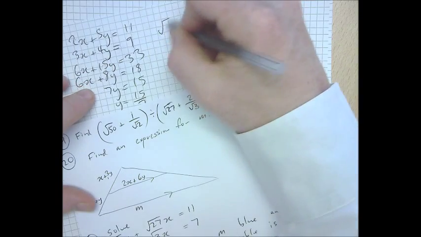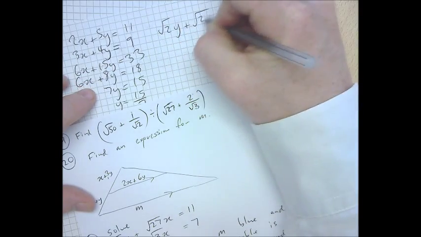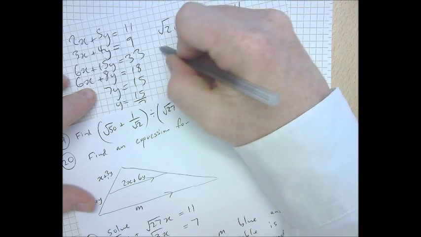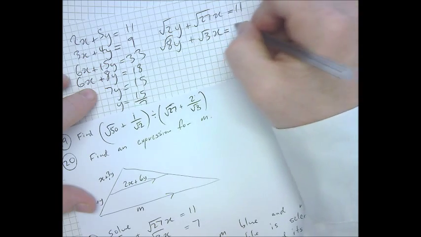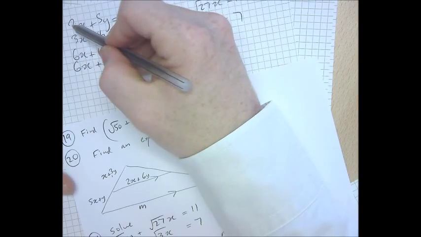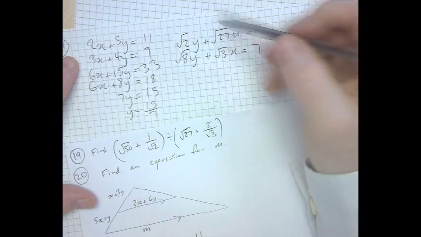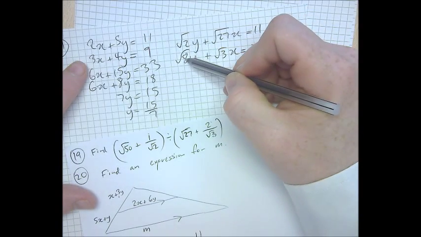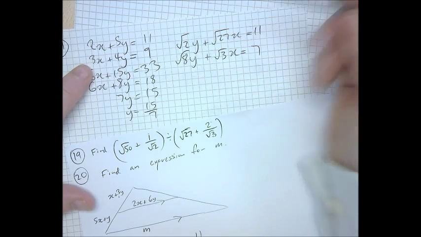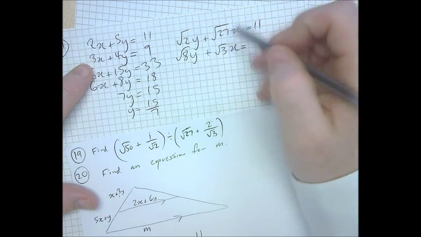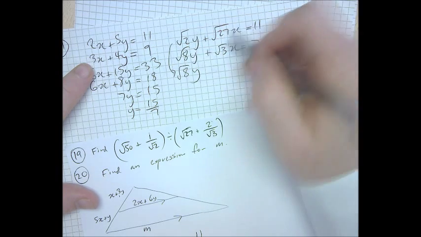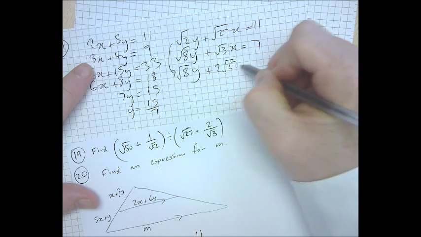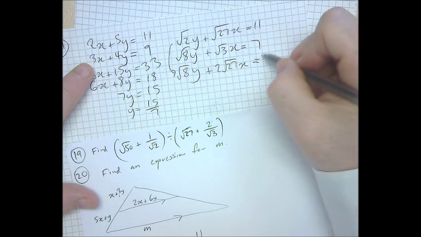Okay, so let's apply that method to the actual problem. Root 2y plus root 27x equals 11. Root 8y plus root 3x equals 7. So, I asked, what's easy to turn a root 2 into that's also easy to turn a root 8 into? Well, how about just root 8? How do you do it? You times by root 4. So that'll become a root 8. Root 4 is just 2, so I'm going to make life easy for myself just by writing that. And that.